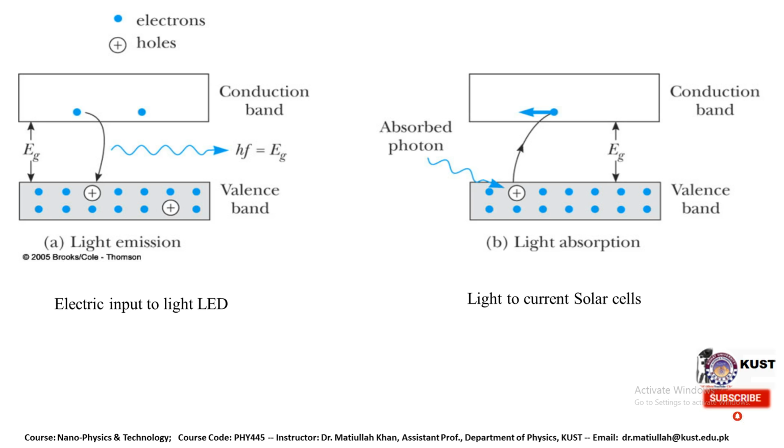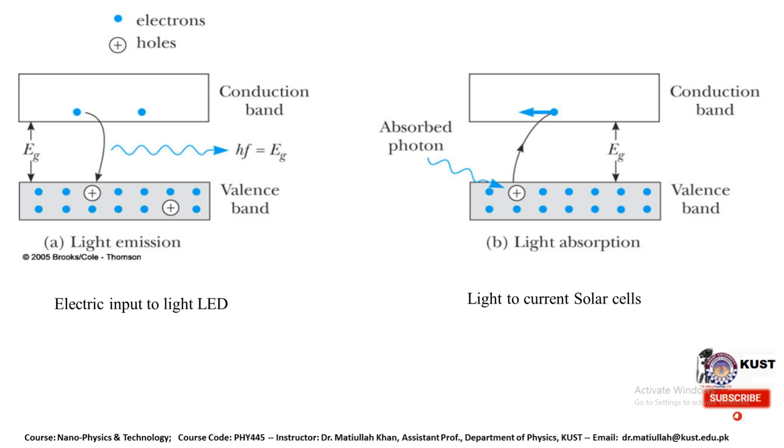So this is the absorption process. The electron cannot remain a longer time in the conduction band, so it will come back toward the valence band, meeting with the holes, and that will create a photon. So this is the emission of photon process.